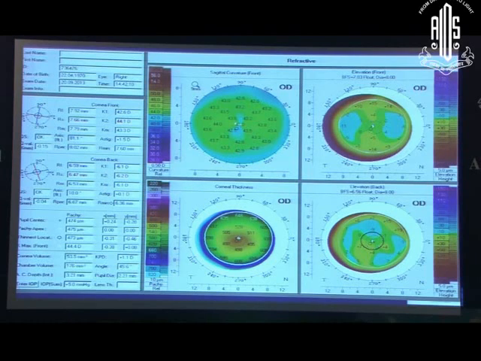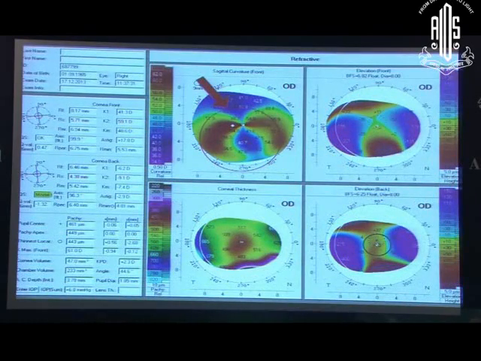Now again, what Rabinowitz forgot, we did not forget, that you can have against-the-rule astigmatism also, but again you have a saddle pattern. On Pentacam also you probably see the kissing bird sign of pellucid marginal degeneration, but as you can see, the rest all look non-specific. What looks beautiful is the sagittal curvature or axial curvature.